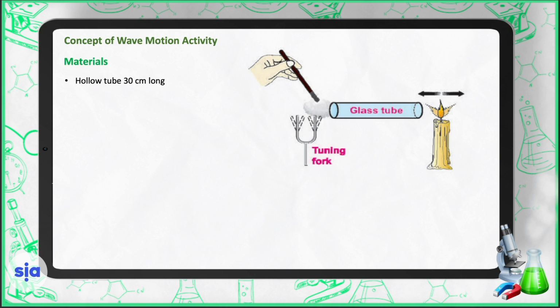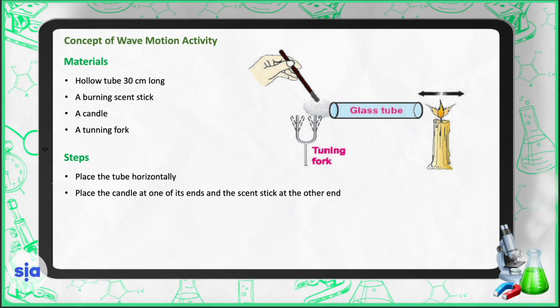We're going to get a hollow tube 30 centimeters long, a burning scent stick, a candle, and a tuning fork. We're going to place the tube horizontally. We're going to place the candle at one of its ends and the scent stick at the other end. Hit the tuning fork and place it near the scent stick.